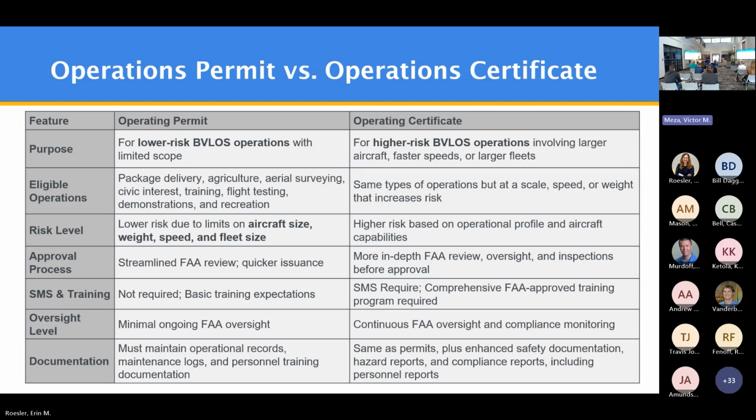But if you want to do all that is wonderful and great under Part 108, you have an operating certificate. And for an operating certificate, again on SMS and training, SMS is required, and there has to be a comprehensive training program, which also has to be FAA approved.